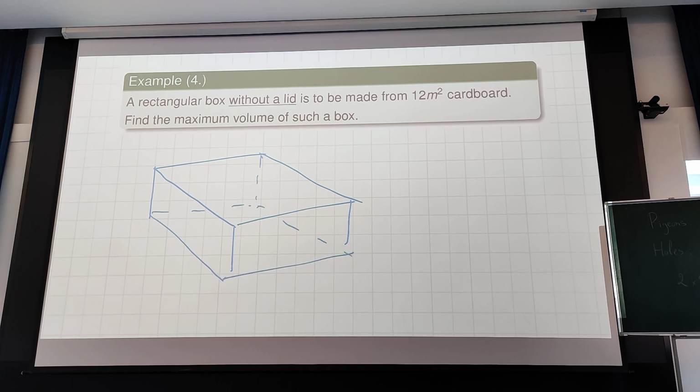So assume that we don't have the upper lid, so this one is empty. We can make it by cutting the four corners of a cardboard.